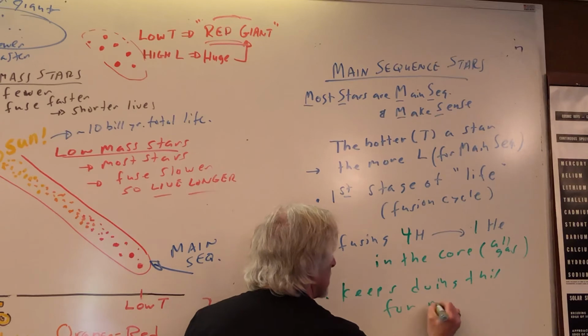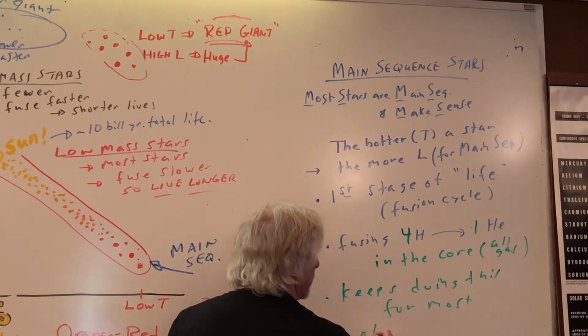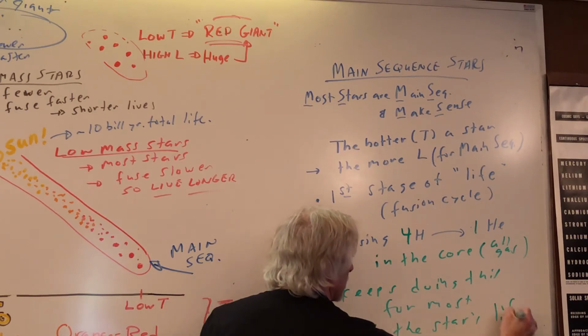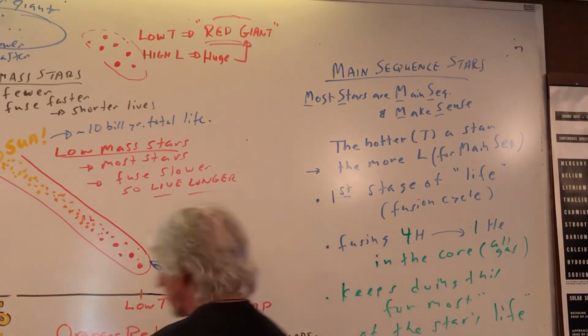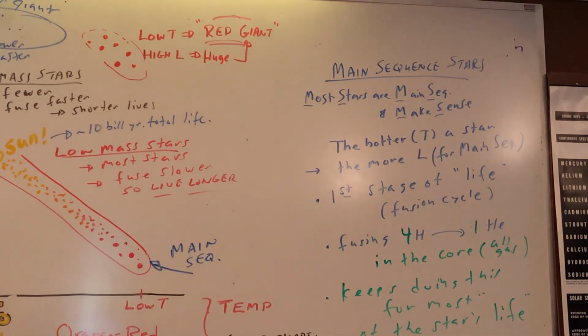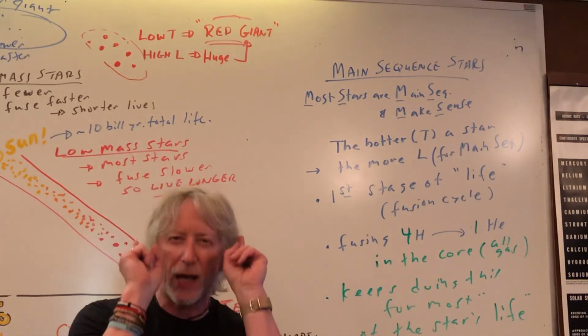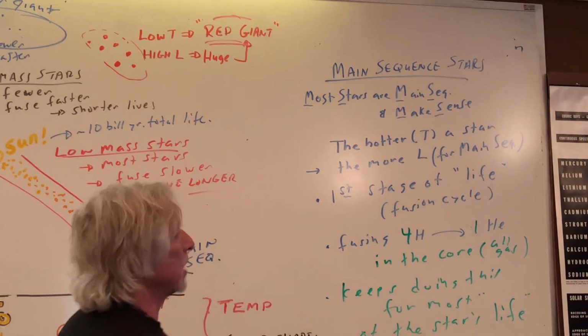For most of the star's life. Keeps doing it for most of the star's life until death. Until death do us part. But after that sequence is done, there's more sequences, and there's another video. We're going to talk about that.